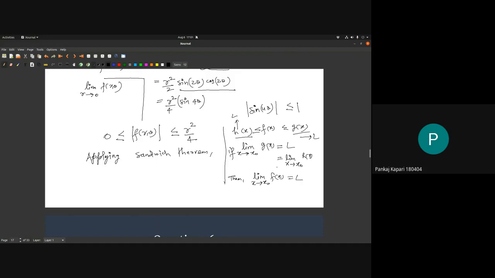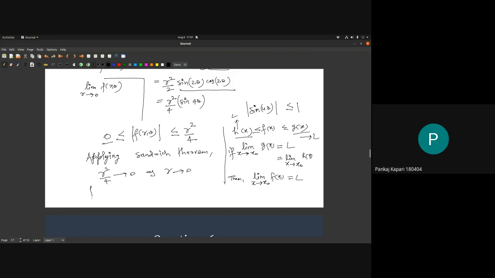Okay. Now notice that in our case the modulus of this function lies between 0 and r square by 4. And this is a 0 function, a constant function. Its value is 0 when r goes to 0. And notice that r square divided by 4 goes to 0 as r goes to 0.